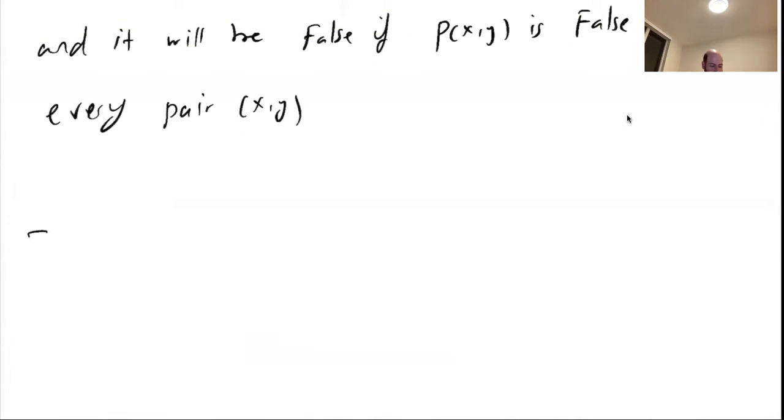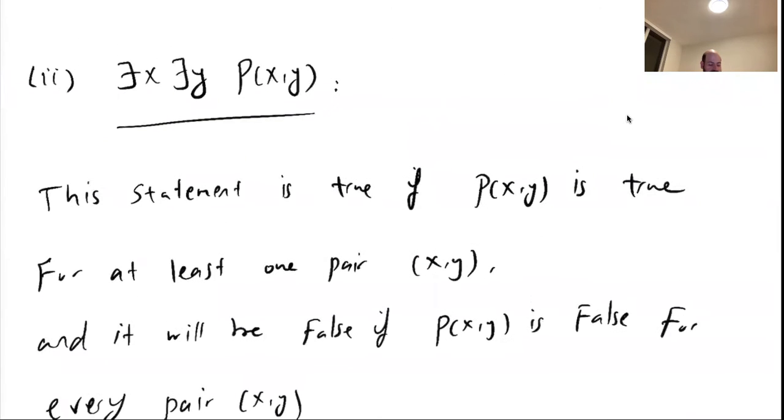So let's look at an example. Let's say I say there exists x, there exists y, such that x plus y is equal to 0. Is this one true or false? As we said, it will be true if it's true for at least one pair.